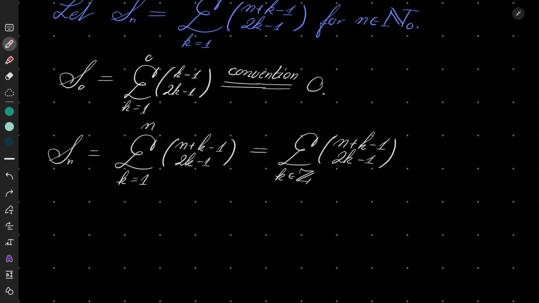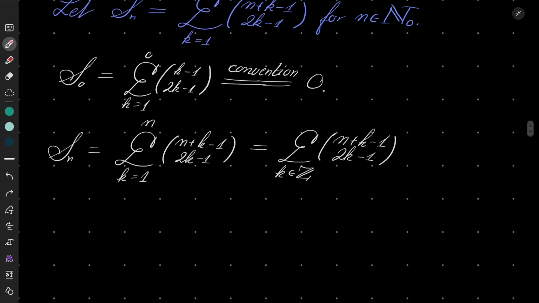And if k is greater than n, let's take a look. If k is greater than n, then 2k is greater than n plus k, and 2k minus 1 is greater than n plus k minus 1.